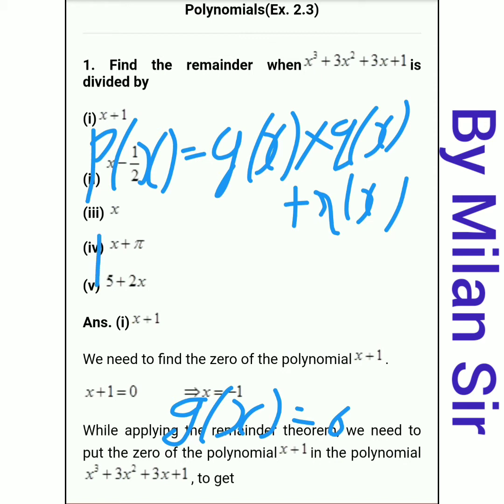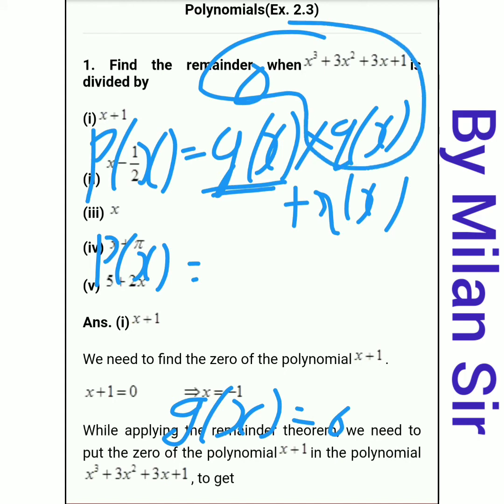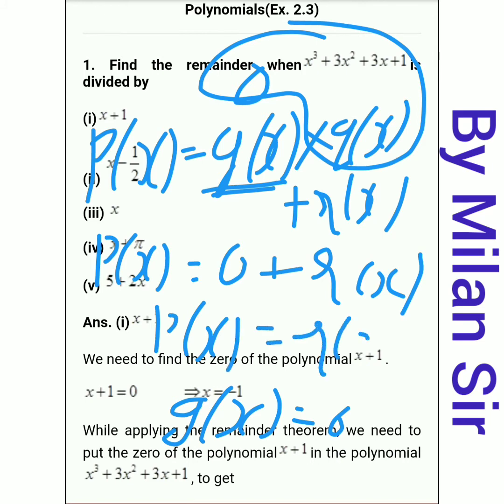Then 0 into Q of x is also 0, plus our remainder R of x. So we get P of x equals R of x.